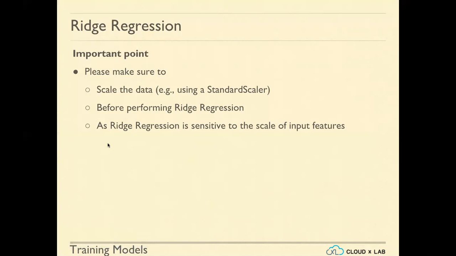Otherwise, instead of weights controlling the variance of individual features or individual noise, the weights will end up being based on the actual values. So instead of keeping the absolute values of each feature, we must scale them before applying ridge regression. I hope this is clear to everyone.